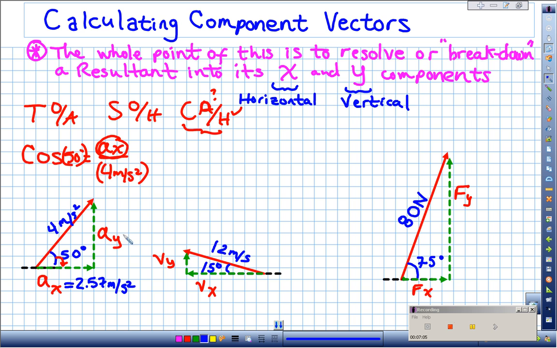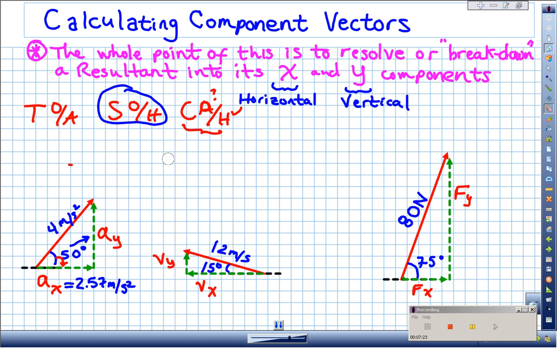And I could do the same thing up here, except now I'm trying to solve for the side that is opposite my angle. So I'm looking for the opposite, and I have the hypotenuse. It looks like I can use sine now. Similarly, but just with a different function, it'll look like this.